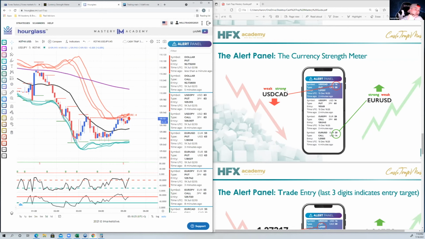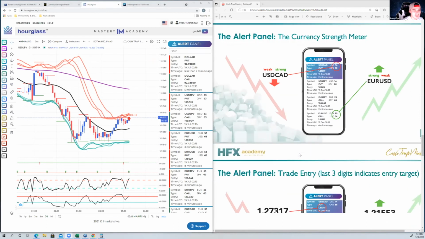So since the top currency is weaker and the bottom is stronger, anytime you see the bottom currency stronger, we're going to be in a downtrend. Anytime you see the top currency stronger, we're going to be in an uptrend. So if you look at this, we notice that USD CAD is in a downtrend and Euro USD is in an uptrend.